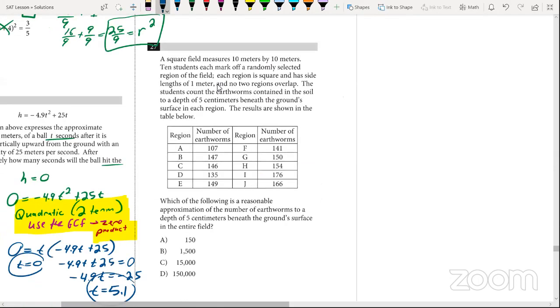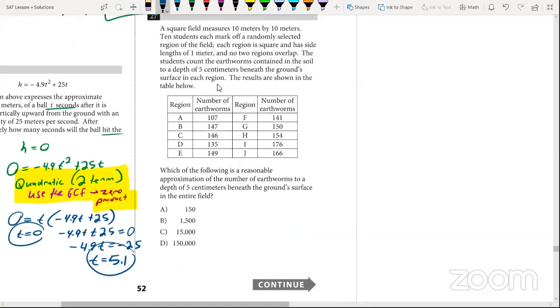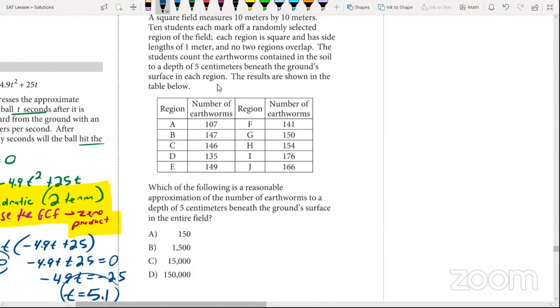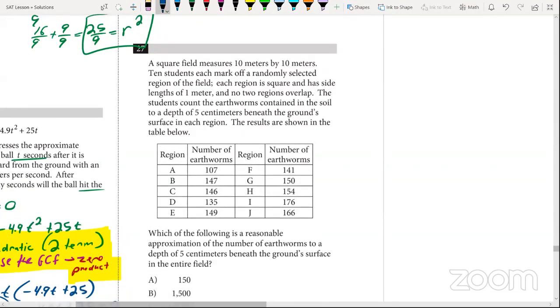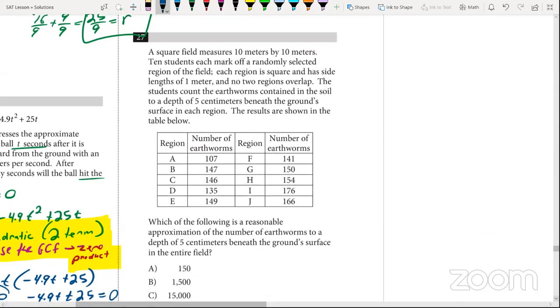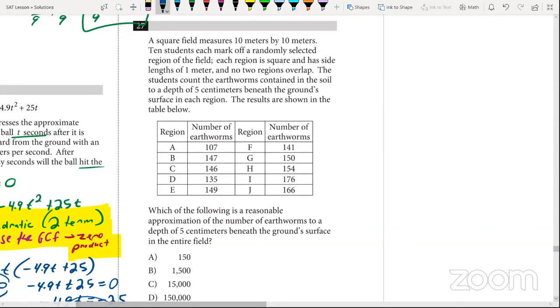27 is a nice lengthy word problem for us here. And we have a square field measuring 10 by 10. So the whole field is 10 by 10. So the whole field is 100 square meters. Each region has a length of 1 meter on each side.